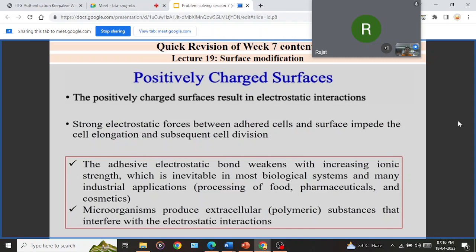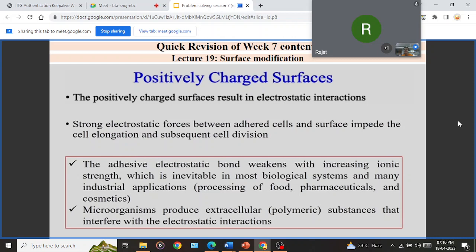So why do we want these electrostatic interactions particularly? Because these electrostatic forces, when present between the adhered cells and the surface, impede the cell elongation and subsequent cell division. So it won't allow the microbe to grow over the biomaterial, right?